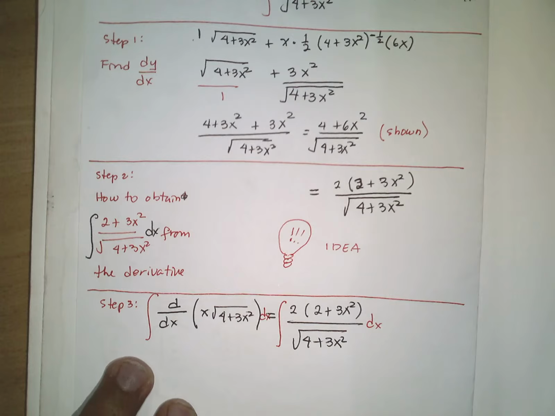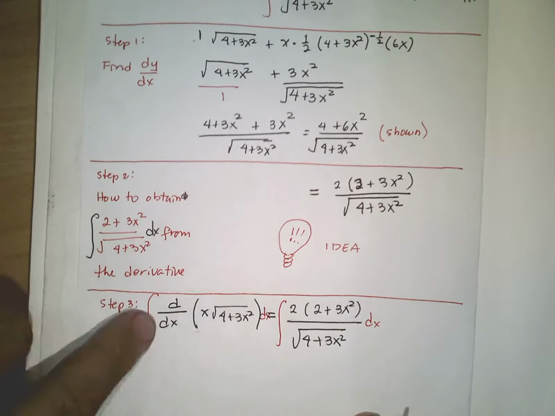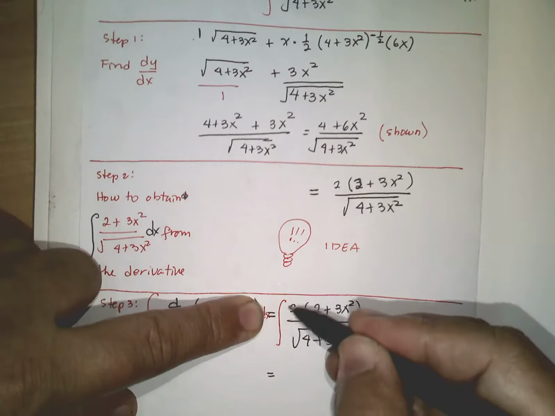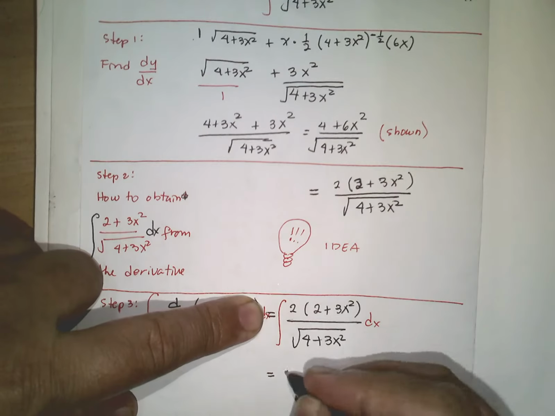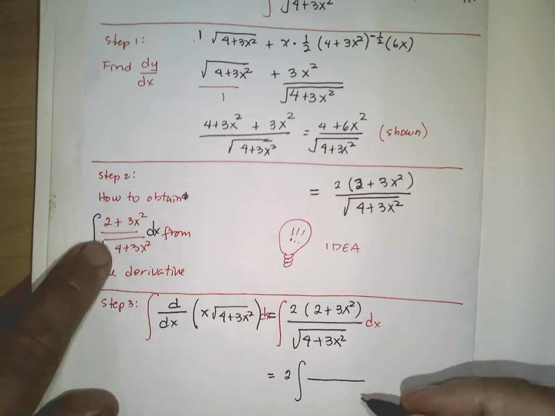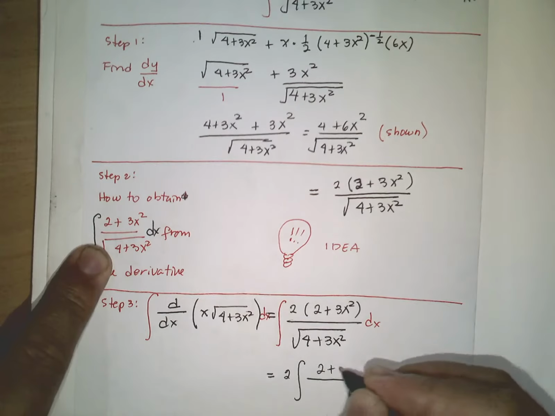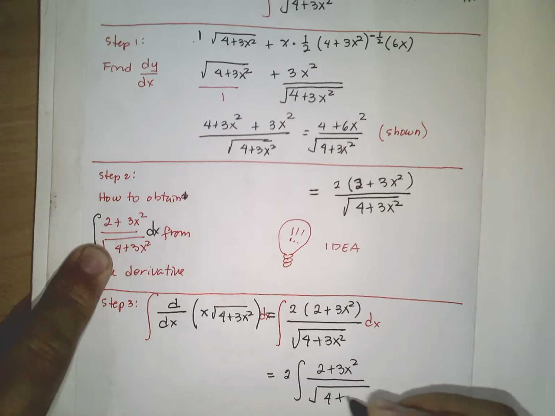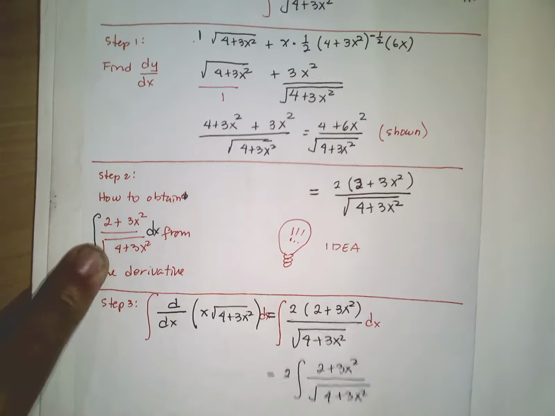So the integral, but before I go to the left-hand side, let's look at the right-hand side first. These two I'm going to put outside because what I want is only the expression for this one.